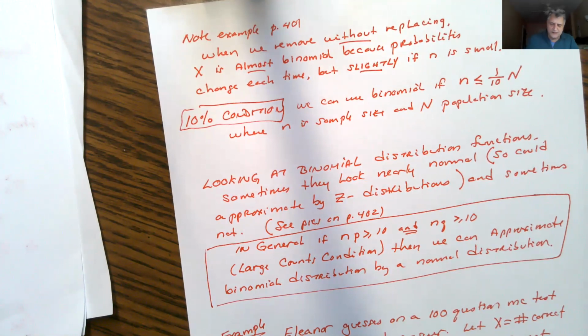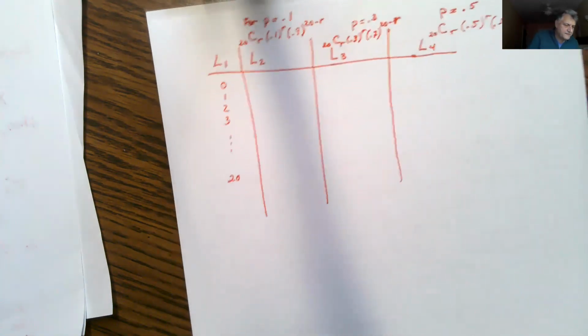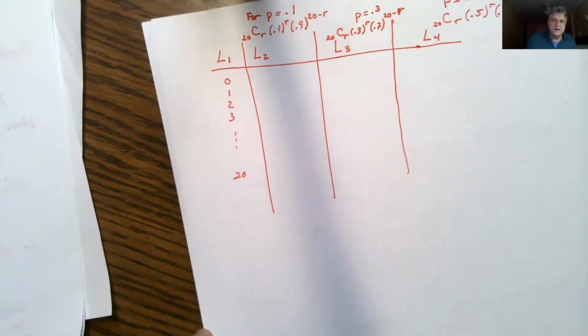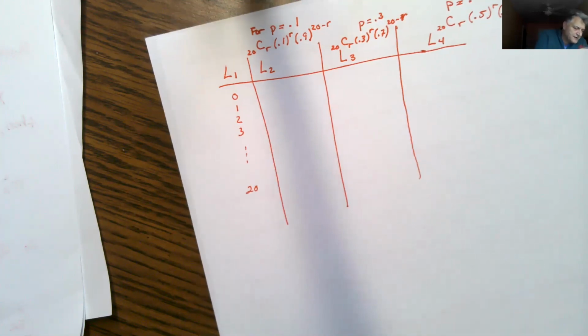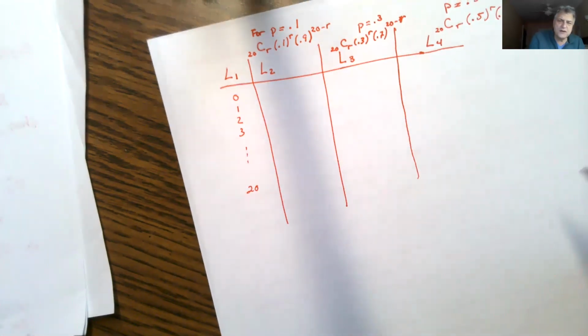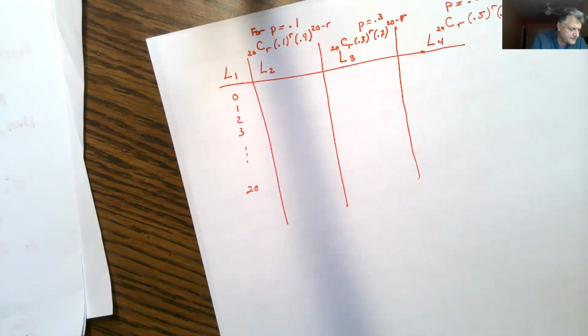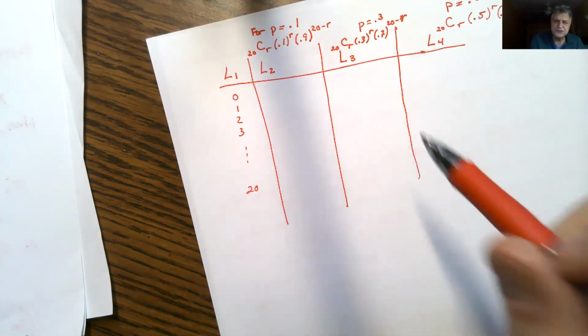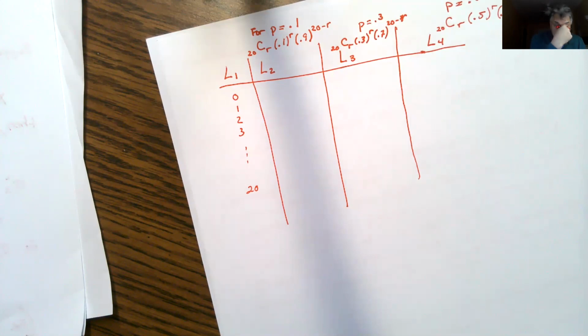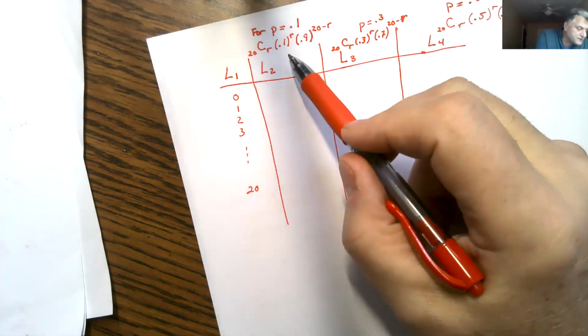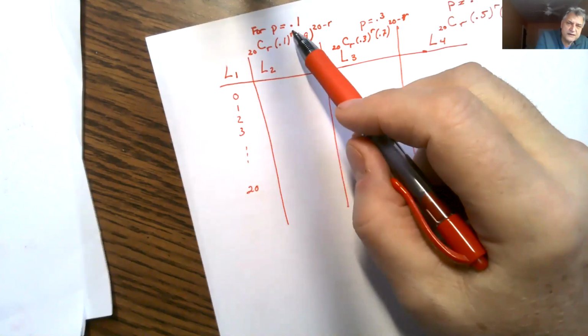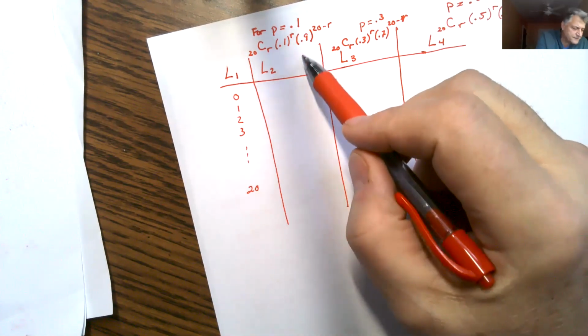So let's look at three distributions here. Suppose I'm flipping a coin 20 times, and the different lists here are for different probabilities. For this first one, the probability of getting heads is 0.1.